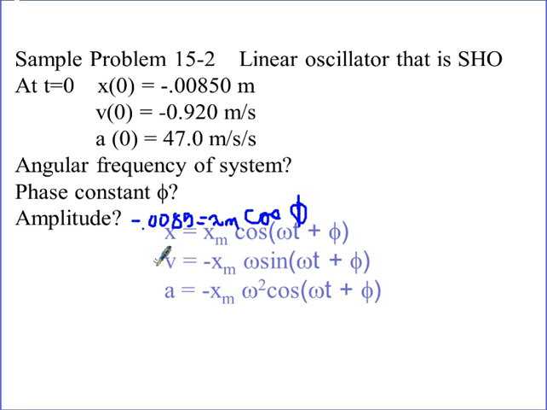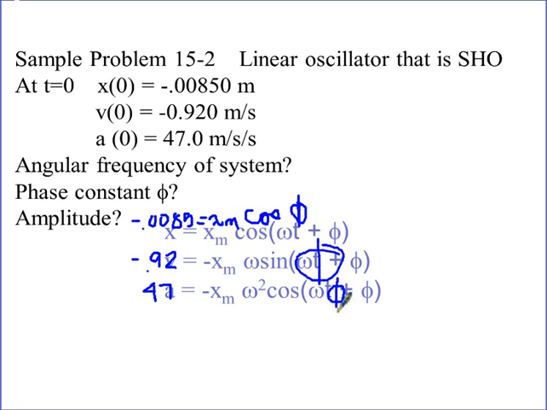And similarly, we can put in this negative 0.92 for v, and that's going to be x max times omega, times the sine of phi. And then this one here, the acceleration, 47, is equal to negative x max, which I still don't know, times omega squared, and again the cosine of phi.